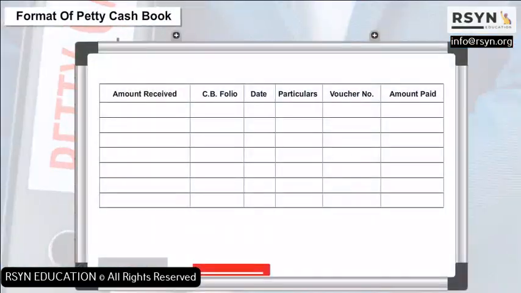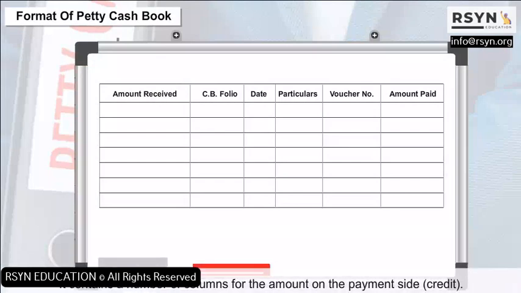Format of Petty Cash Book. It contains a number of columns for the amount on the payment side, that is credit. Each of the amount columns is allotted for items of specific payments, which are most common. The last amount column is miscellaneous, followed by remarks column.